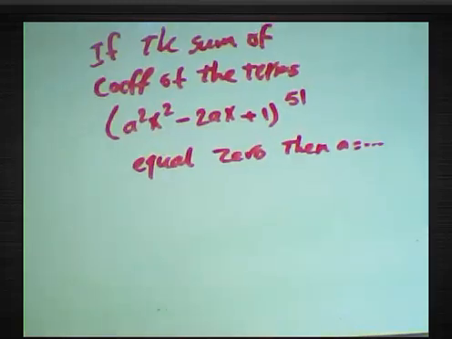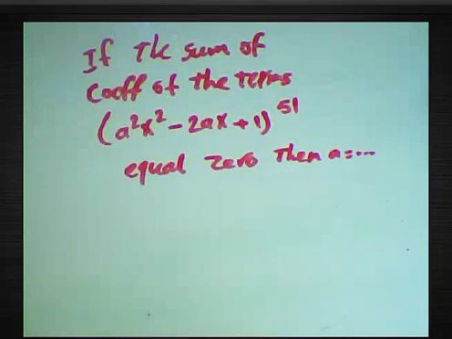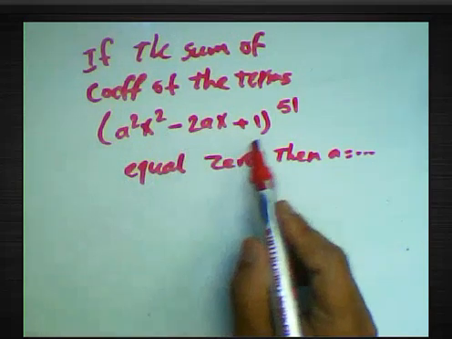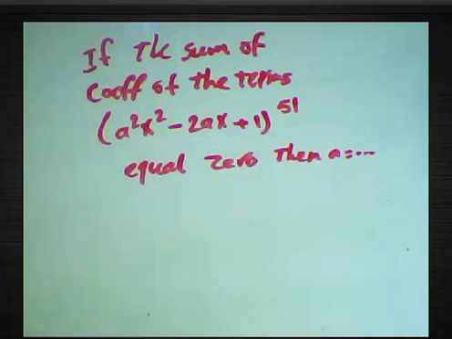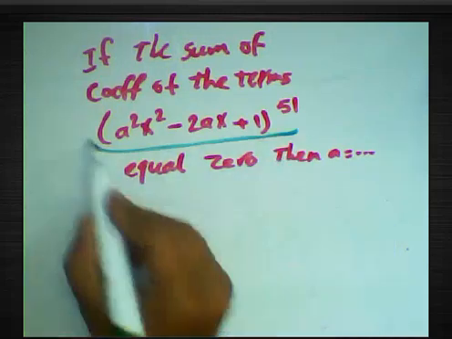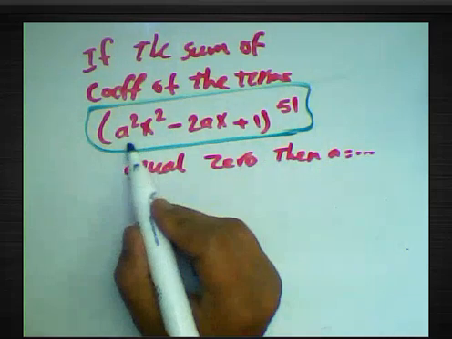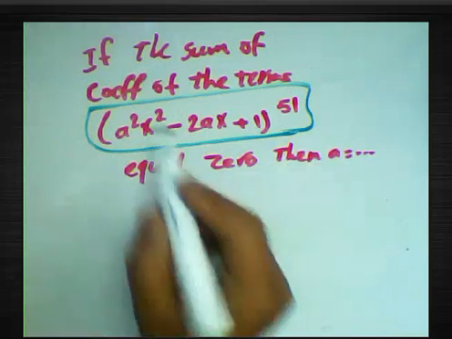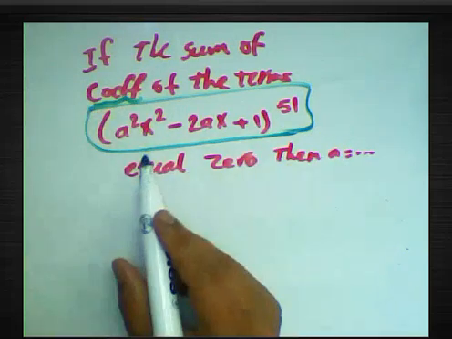If the sum of coefficients of the terms of the expression a power 2 x power 2 subtract ax plus 1 all power 51 equals 0, then a equals what? Put x equal 1 in this example, because we want to find the sum of coefficients of the terms.